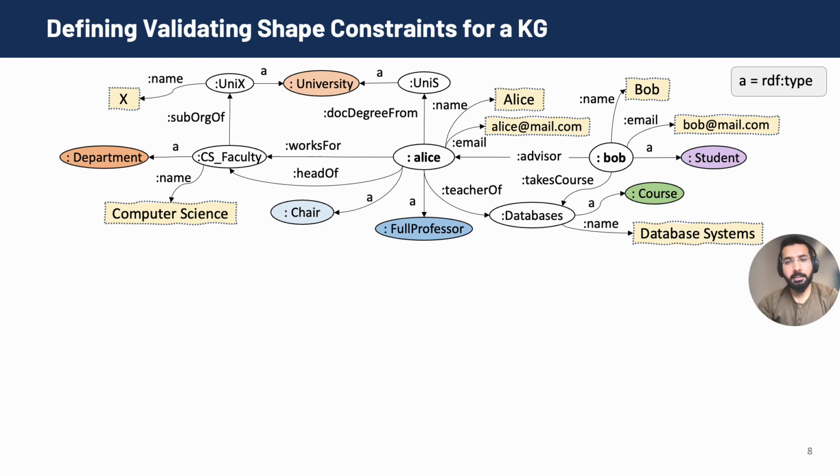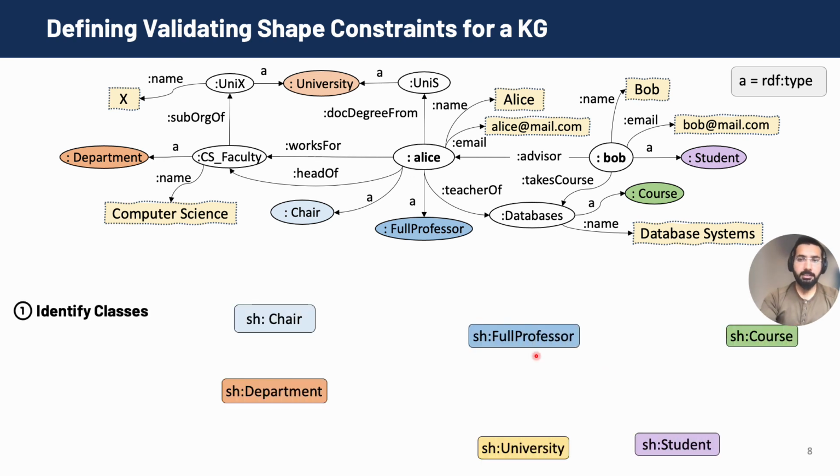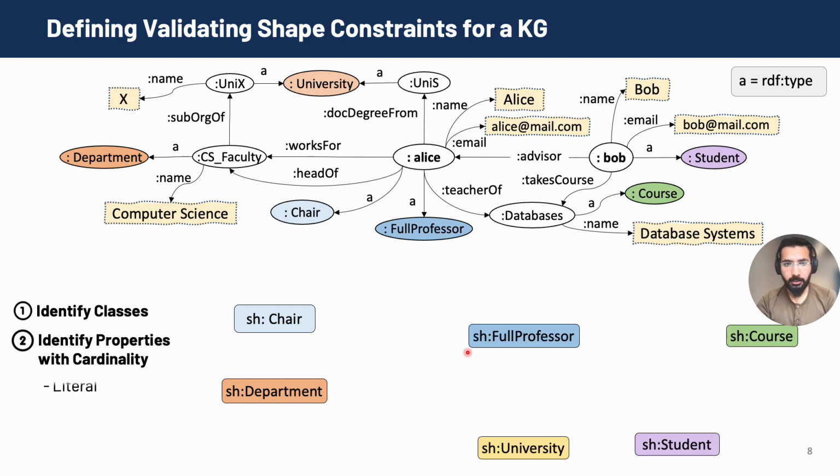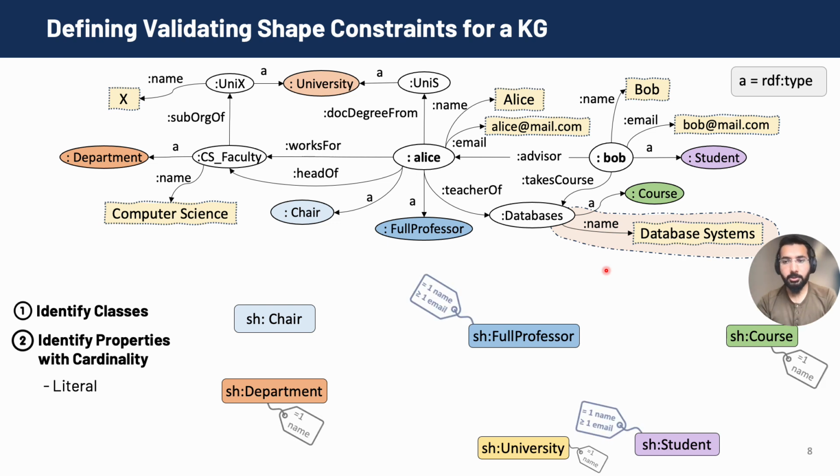At first, we identify classes. This graph contains 6 classes. Then we identify properties with their cardinalities. But here, we differentiate properties having literal object value and non-literal object value. For example, this node, database, has a property name with value of type literal string. So we will identify all such cases and associate such properties to their respective node shapes with the cardinality.